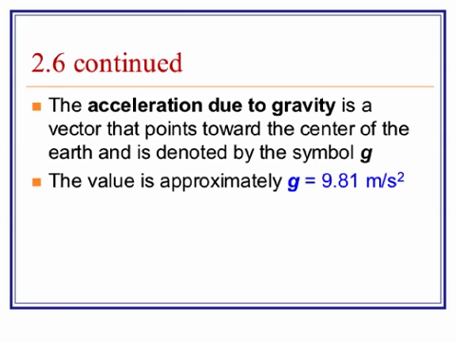It is important to note that it is a small lowercase g and not the large G, which we will look at later on when we look at Newton's law of gravitation. This value is 9.81 meters per second squared. You should definitely memorize this if you aren't already familiar with it.